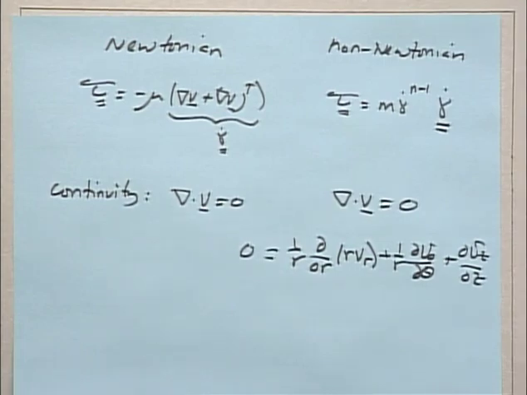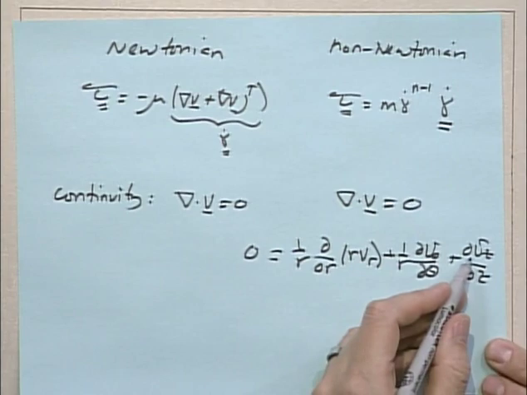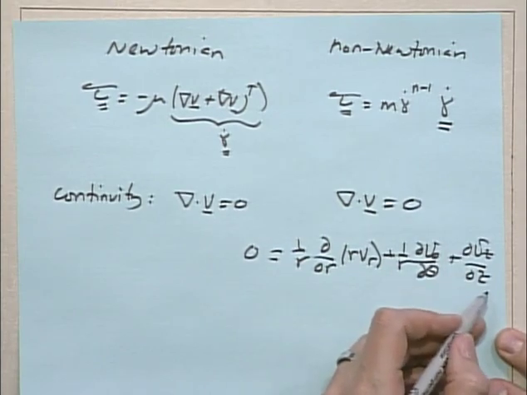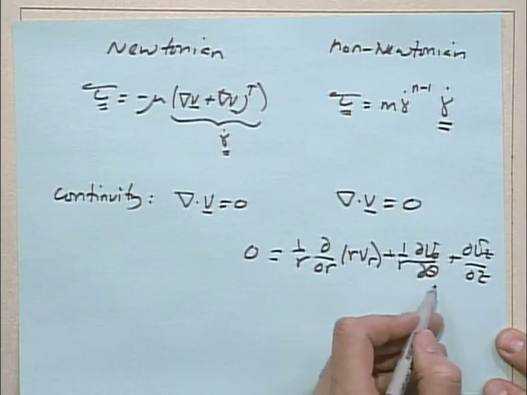So how does that simplify? Vz changes with r, but not with z? Well, that's true, but that's going to be the conclusion.